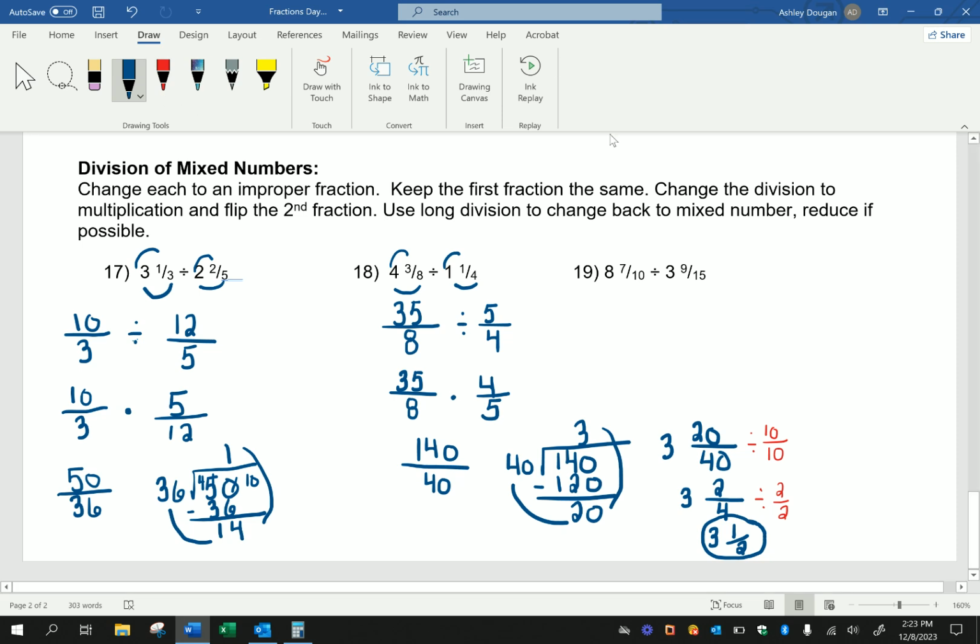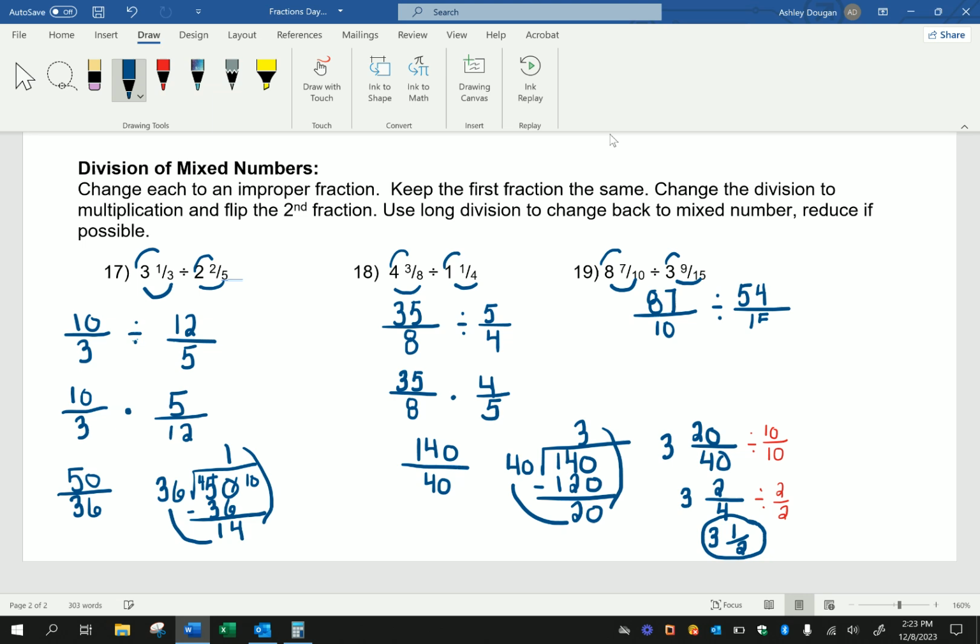All right, and then for the last one, same thing. 8 times 10 is 80, plus 7 is 87. And then I place that value over 10 to keep my denominator the same. 3 times 15, and then I add 9. That gives me 54.